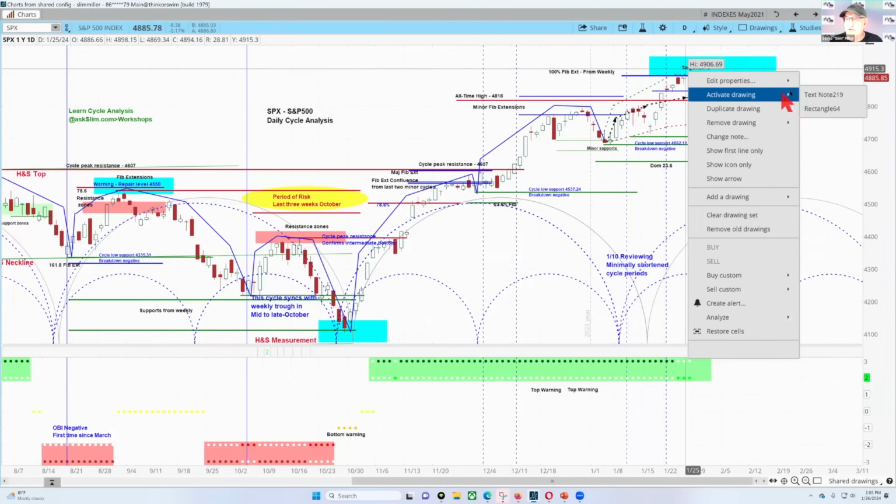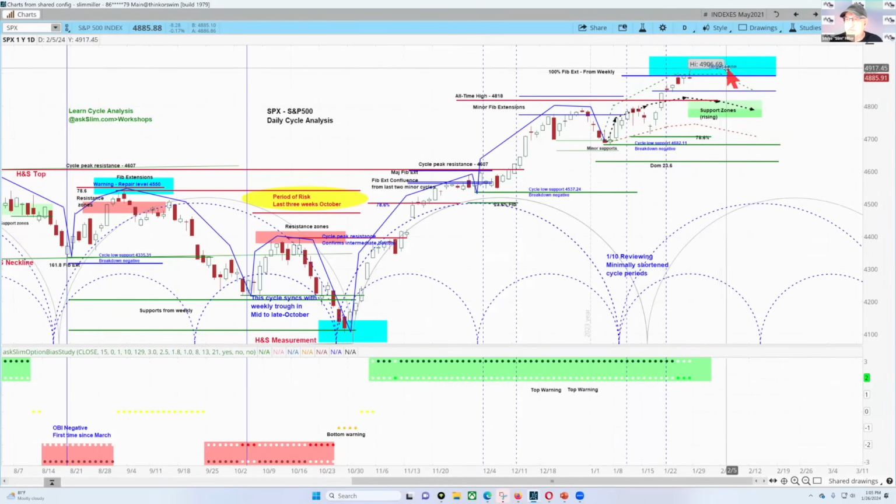That's a little blocked out right there, the target zone being between the 78.6 and 100% fib extensions. Those are the ones we put on the weekly chart. So it gets up here to the top of this zone. Now, the top of that right there at the 100% is at 49.54.